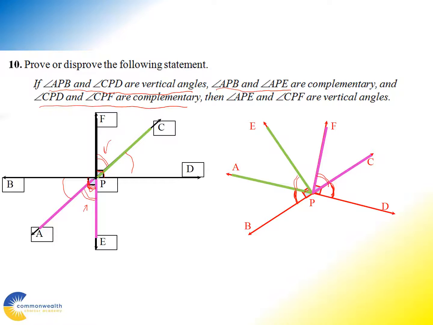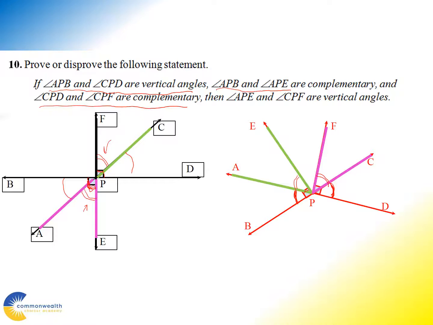They do not form a set of two intersecting lines. So I have found a contradiction. I found one instance where all three conditions are met, but the conclusion is false. And because of that, I have just disproven that statement.